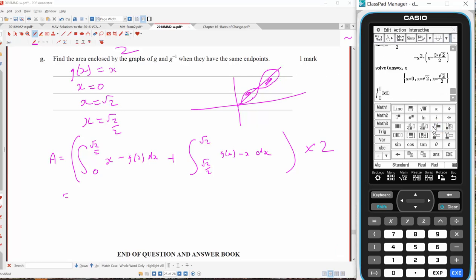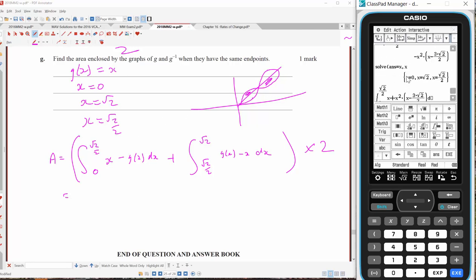All right, so let's get started on that. I've got x take away g of x, where g of x is with the same endpoints. So I'm going to copy that and put it in there. That's my bottom function with the same endpoints.